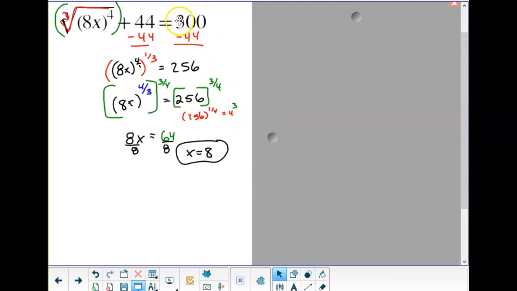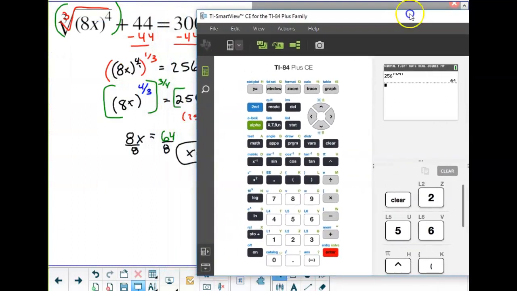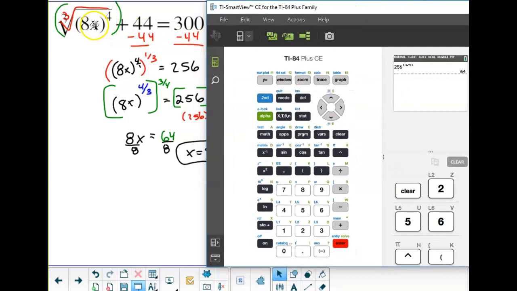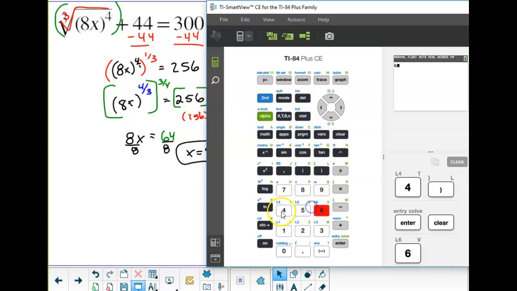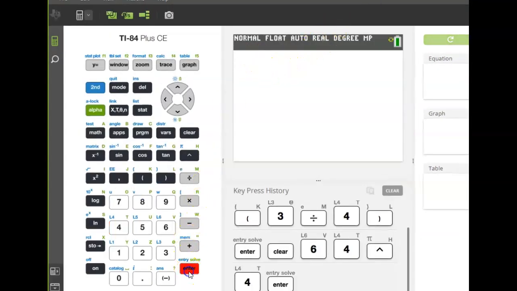All right, but as we had said, we're not done, right? You have to take the original problem, and now we have to check. Let me show you how I would do this in my calculator. I'm going to take 8 and plug it in. So if I plug 8 in here, I'd have 8 times 8, which is 64. So then I'm going to do 64 to the 4th power. I'll make this bigger. So 64 to the 4th power, hit enter. That's a big number, right? No way you could do this without a calculator.